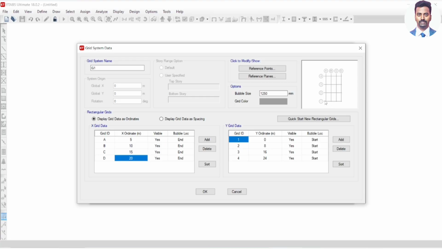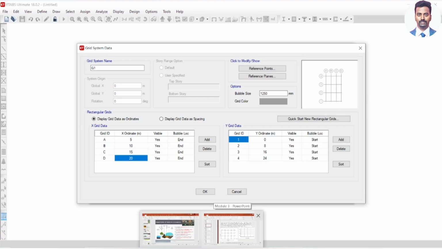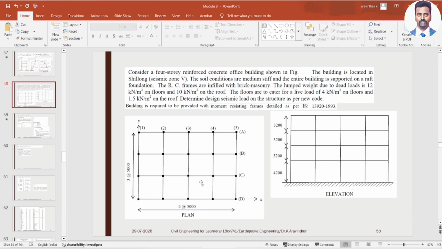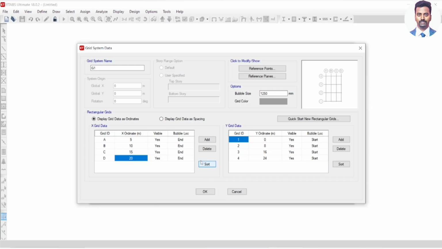Currently we got 1, 2, 3, 4, 4 number of columns. We need 1, 2, 3, 4, 5. So we can introduce a new column for 25. Now in row direction we have 5, 10, 15, 20. So we got our frame here.